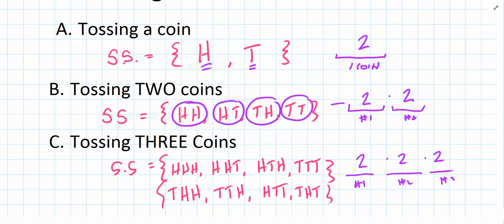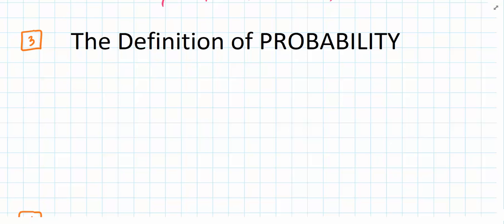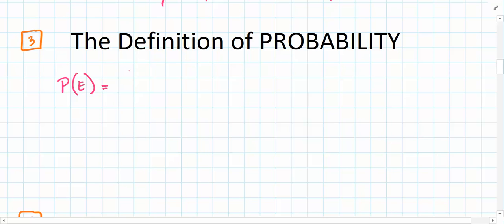So we're just getting good at talking about the language of probability. The definition of probability for us, we're going to say this. The probability of an event E is equal to the number of ways the equally likely events can happen over the grand total number of things in your sample space. Let me give you a little easier definition.